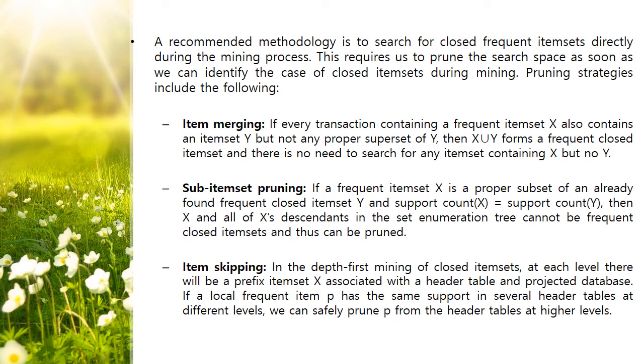So if we have the same support count for a particular item in different header tables at different levels, we will prune it from the header tables at higher levels. So these are the different pruning strategies that can be used with this methodology.